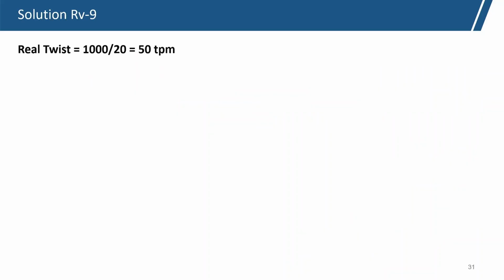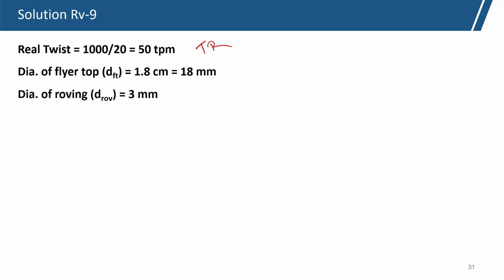Real twist T_real is 50 twist per meter, the spindle speed divided by the delivery speed. Diameter of the flat top is 1.8 centimeter, meaning 18 millimeter. Diameter of the roving is 3 millimeter.